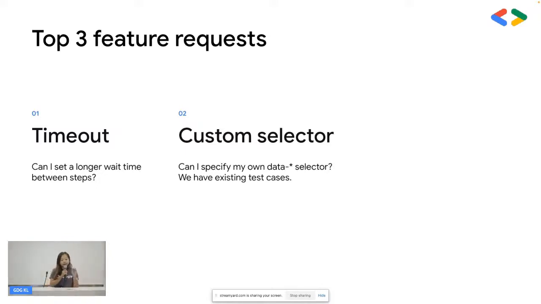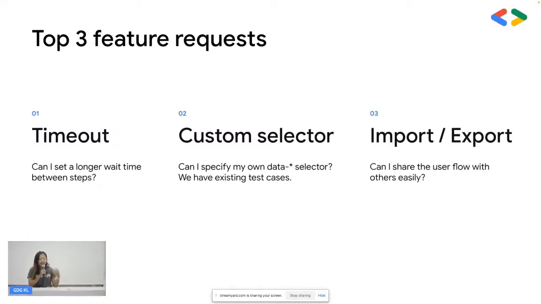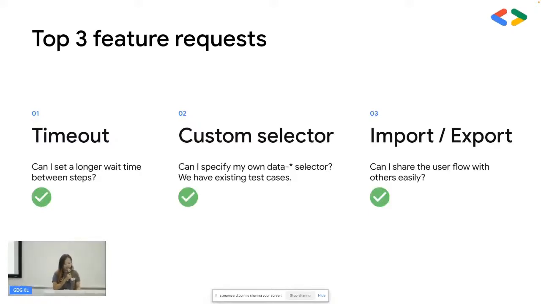Can you let me select my own selector so that you don't try to be smart and select another selector for me? And then, can I share the user flow with others? When we first released, we didn't have this feature. And now, since the latest release, you have all these 3 features.